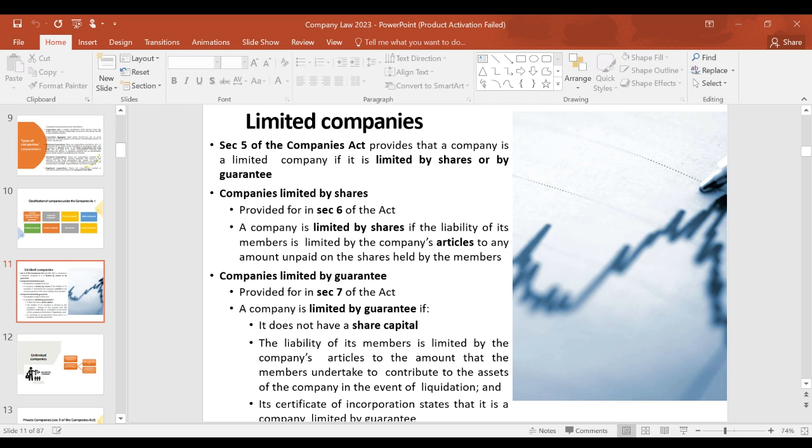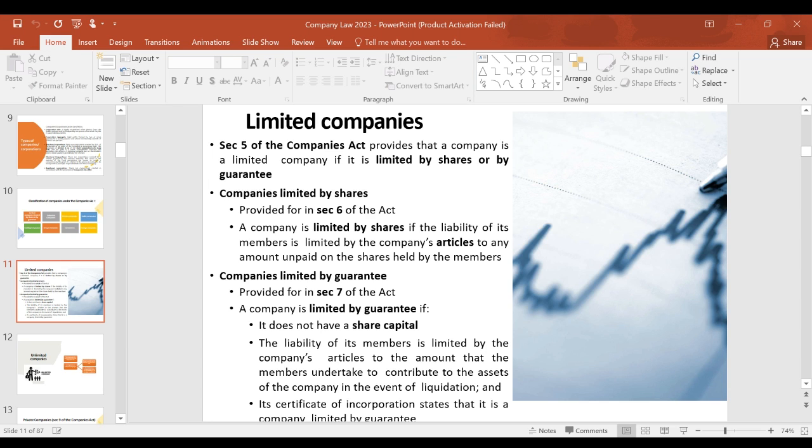So either paid up or unpaid up share capital, shares towards the capital of that particular business. If it's limited by guarantee, it's only to the extent to which a member has guaranteed that they will absorb the liability of a company to a certain extent.